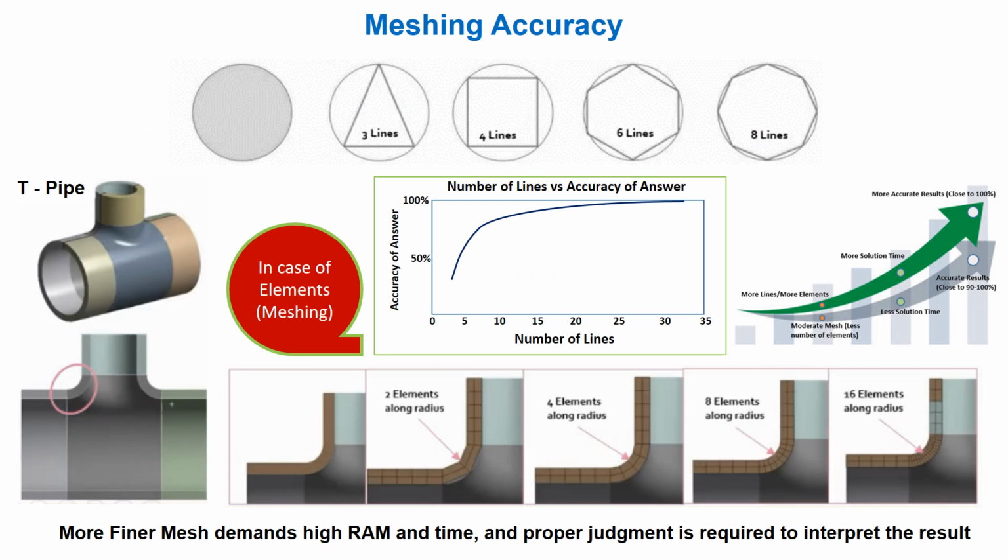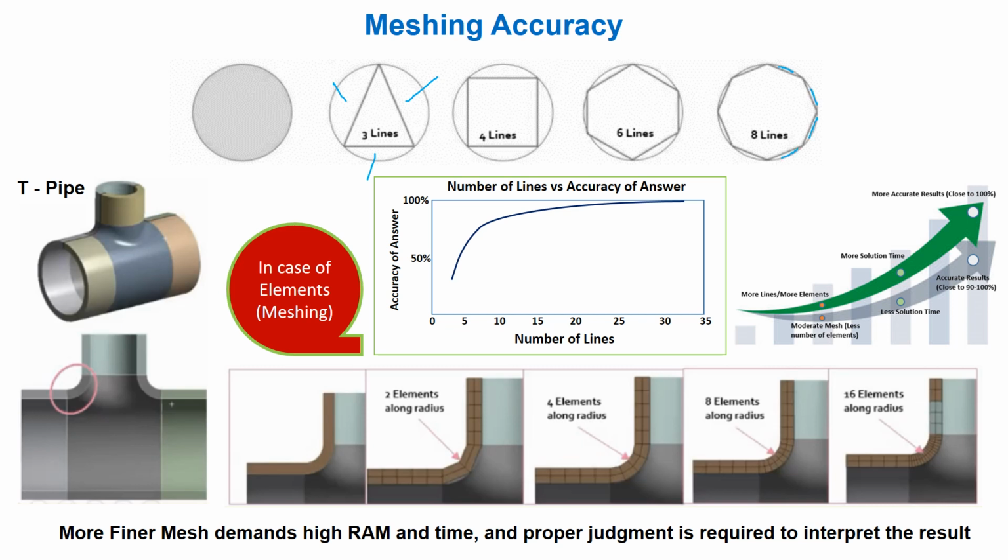Meshing accuracy has significant influence on the accuracy of the analysis. Let's consider a circle in which, if we put one triangle, most of the part is not covered. But when it is converted to 3 line, 4 line, followed by 6 line, 8 line, we can see that the uncovered area is minimal.